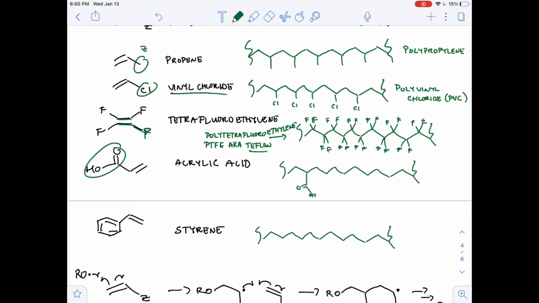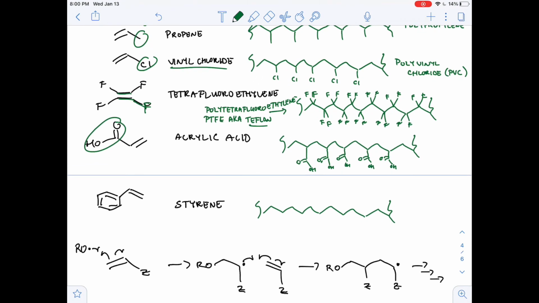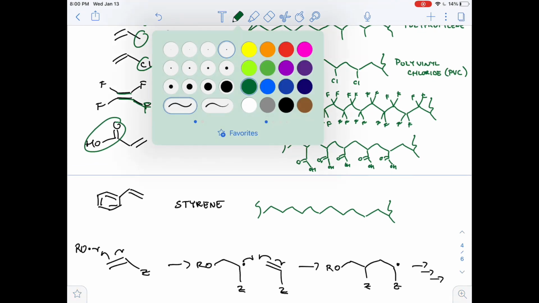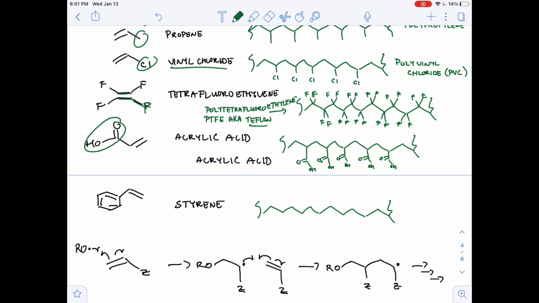Acrylic acid, that Z is the carboxylic acid. So draw a bunch of carboxylic acids every other carbon, and that's a polymer of acrylic acid, right? Oh my gosh, easy peasy, guys. So easy. And then guess what the name is for this one? Here's one of those times where I'm going to try and save time, but it takes longer.